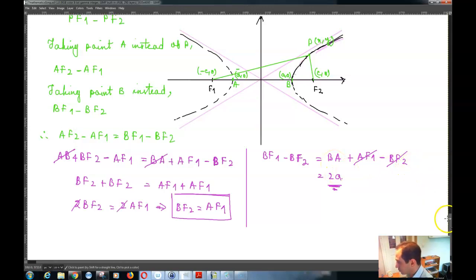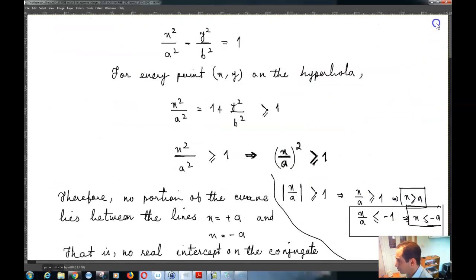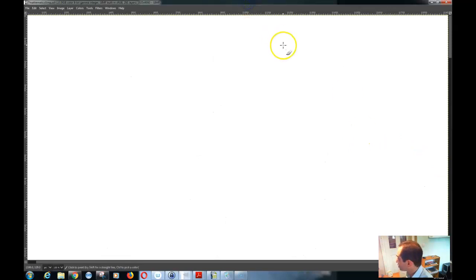Now there is one more part about the eccentricity of a hyperbola, and there is not much information here.